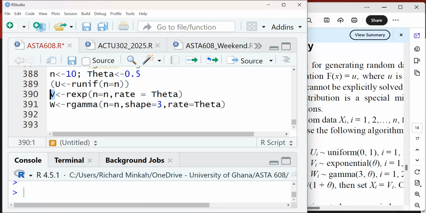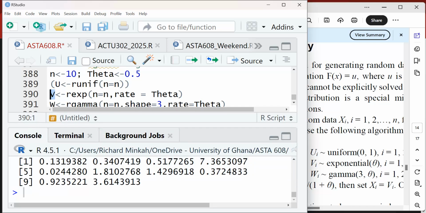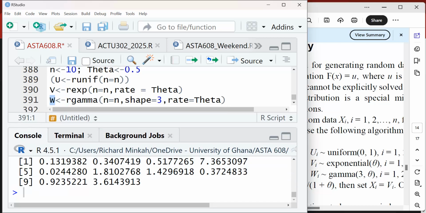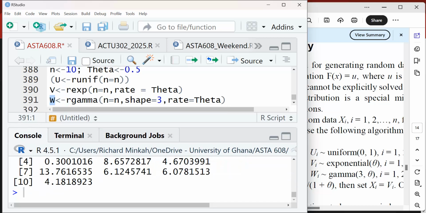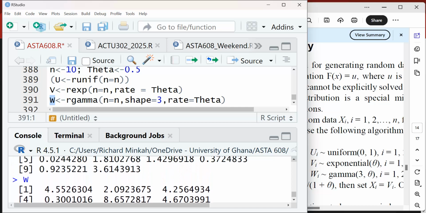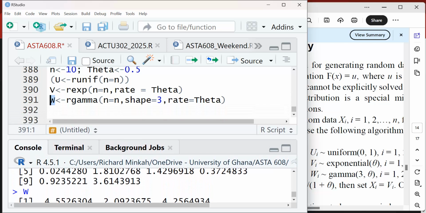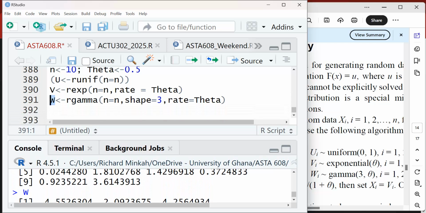If it is point, well, of course, we will have different values. Okay, yeah, so let's make the theta 0.5 so that at least we get values that are not like the uniform. Yes, so make it 0.5, then you rerun.